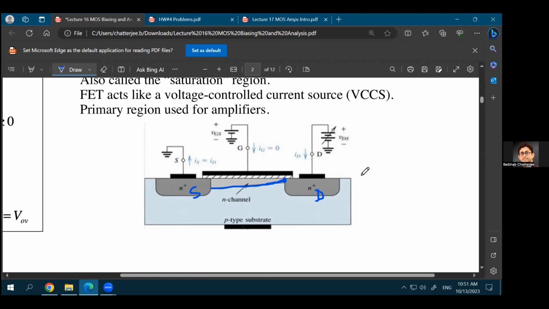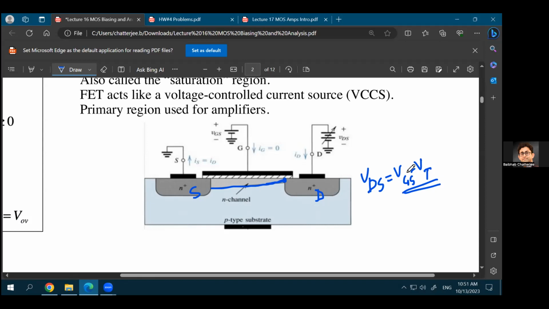At that point, your VDS is equal to VGS minus VT, because VGS minus VT is the voltage. If you did not apply a VDS, if you did not apply a drain voltage, the voltage at this point would have been VGS minus VT, because VGS is the voltage that you're applying at the gate.